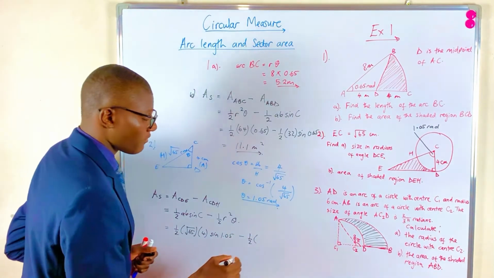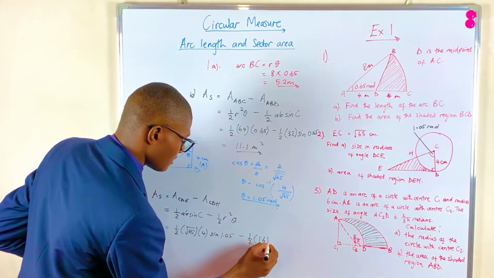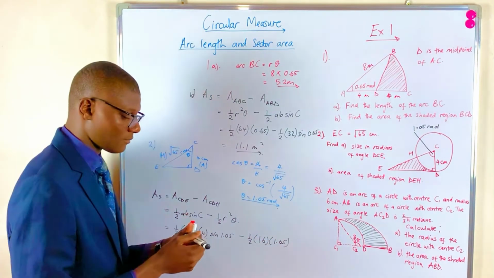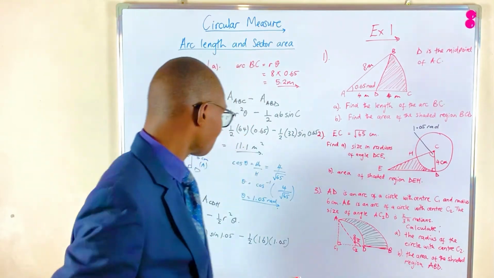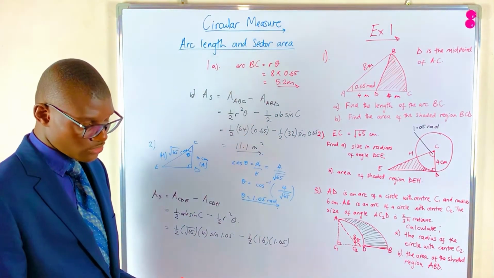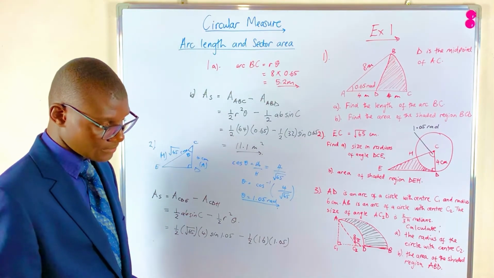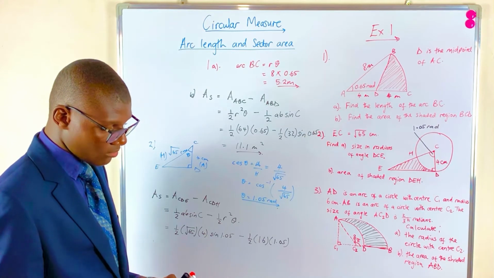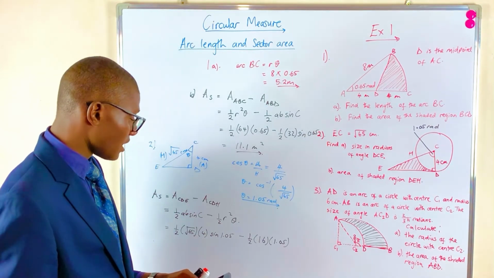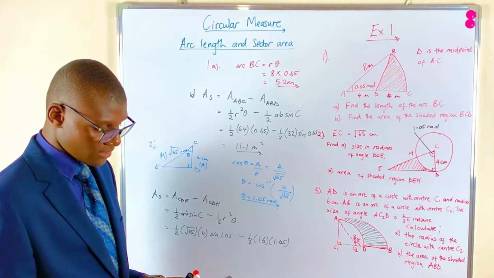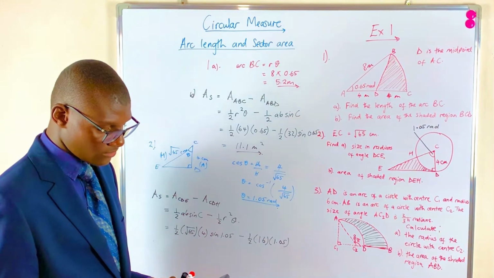squared. If r is 4 squared, that will give us 16. Then times theta, 1.05. So now if you carry out this calculation, 2 into 4 we get a 2. So we're saying 2 root of 65 times sine of 1.05, then you're subtracting this, 8 times 1.05.